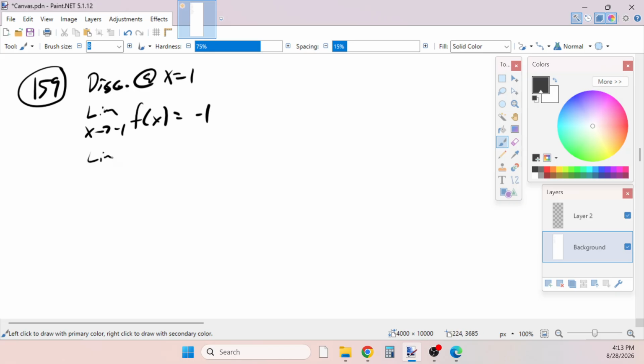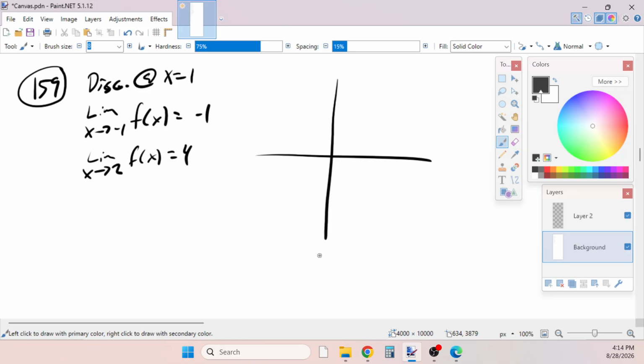And we want the limit as x goes to 2 of f of x to equal 4. So at -1, I want it to approach -1. It doesn't say that the function has to be discontinuous at -1. It doesn't say that it has to be continuous.